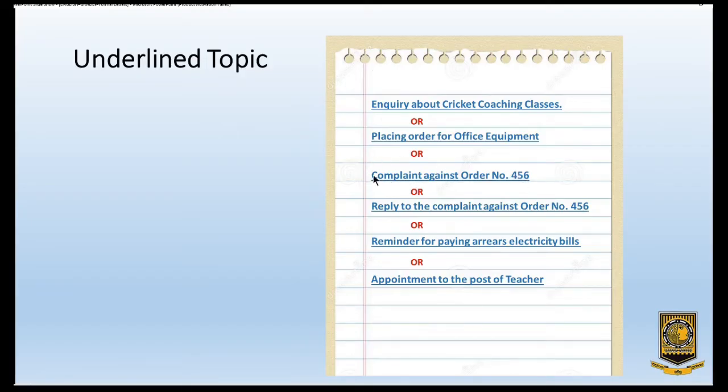So when the reader reads the topic, he gets an idea about the letter. This is a complaint. This one: Inquiry about cricket coaching classes. So this letter is going to be about the coaching classes. Placing an order for office equipment, like that, and so on. You can write a clear, brief topic for the letter.